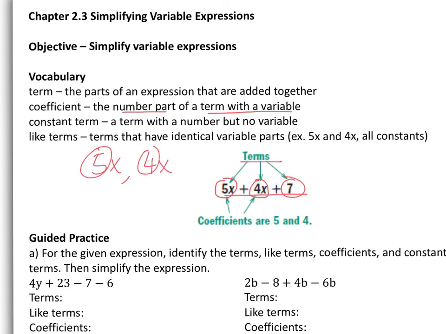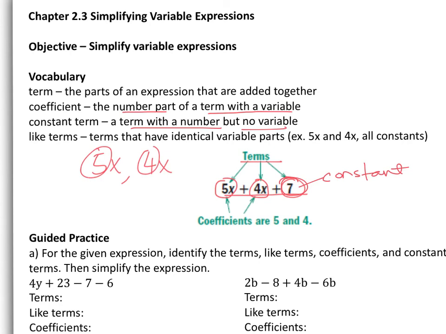Constant term. The constant term is a term with a number but no variable. So in this numerical expression here, 7 would be considered the constant term. Like terms. Like terms are terms that have identical variable parts.